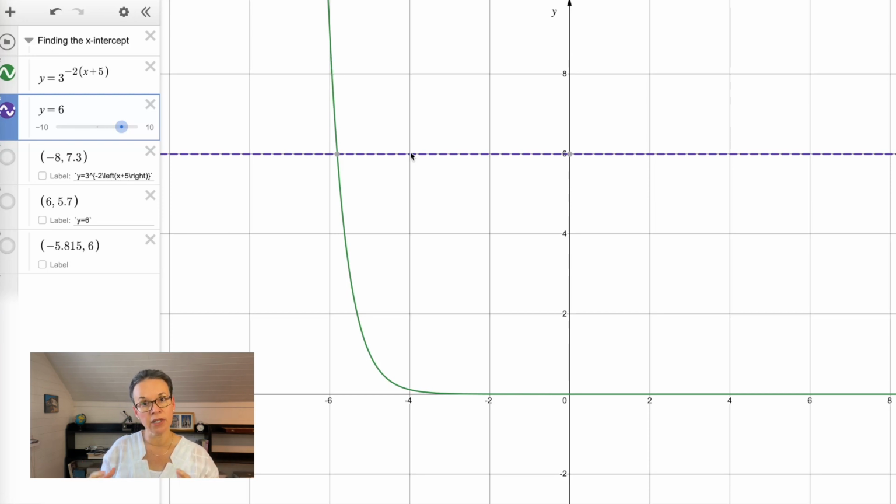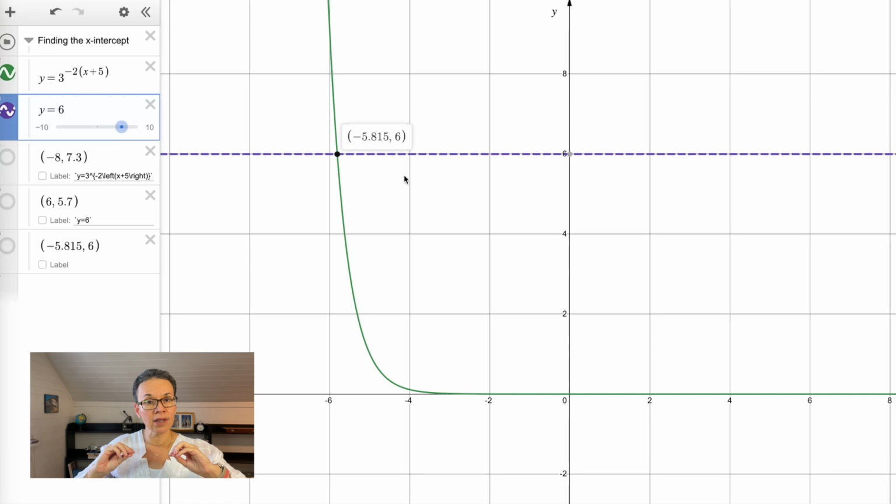And now I am interested in the point of intersection, particularly the x value of the point of intersection, right here, -5.815. So this is the point that sets these two sides equal to each other.